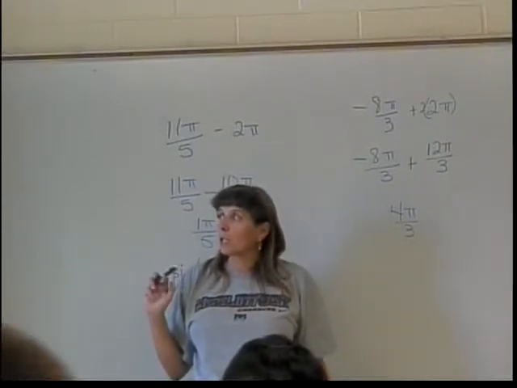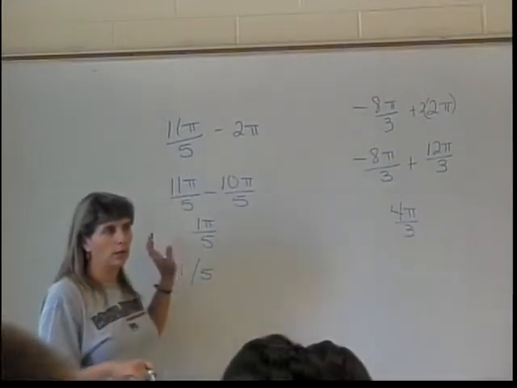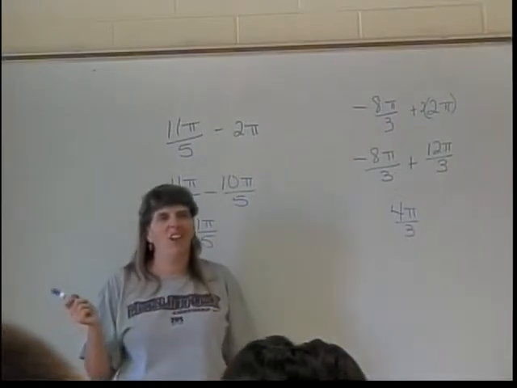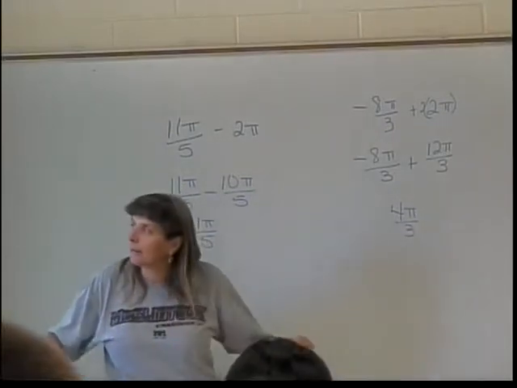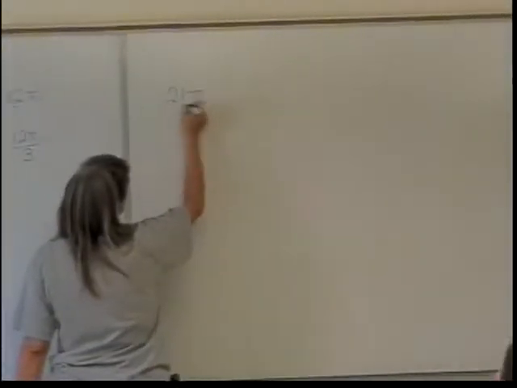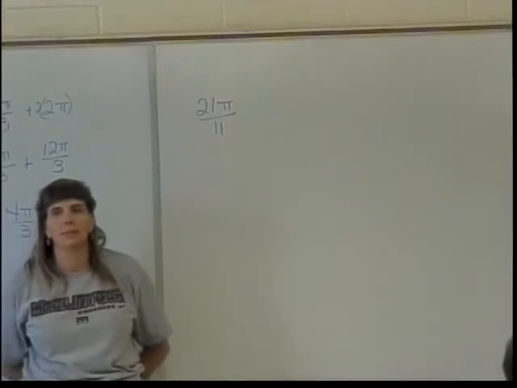Now, I'm personally going to skip the 59 pi over 2 because I think you guys can subtract lots of 2 pi's all by yourself. But let's look at the last one. It says 21 pi over 11. What do I do with it?